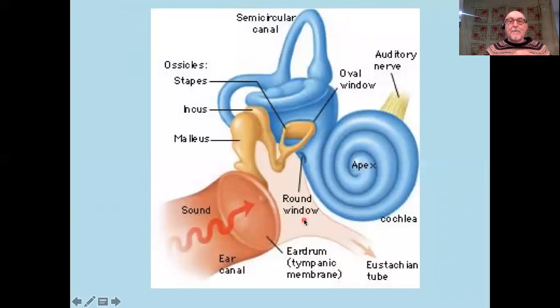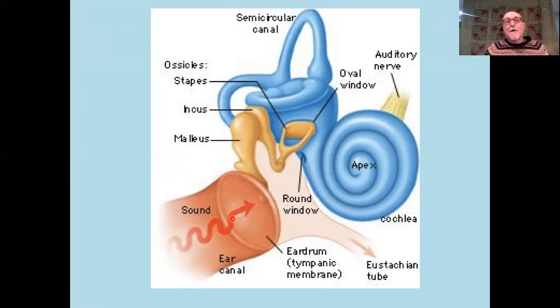Okay, so let's think for a little bit about how we actually form that sense of hearing, of hearing a sound. Well, sound arrives through the ear canal. It also, by the way, arrives through the bone of our skull.